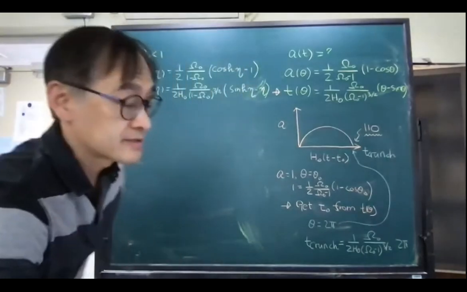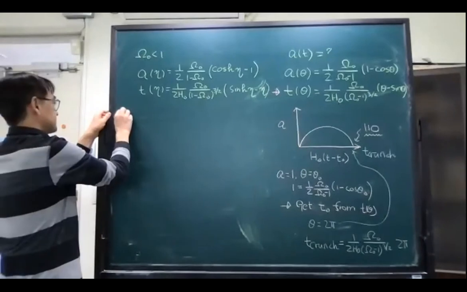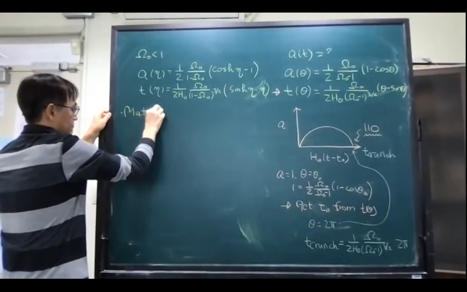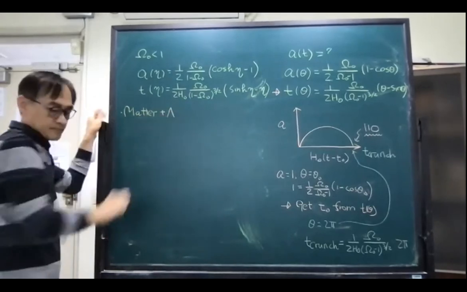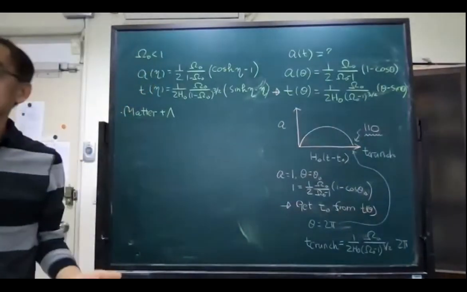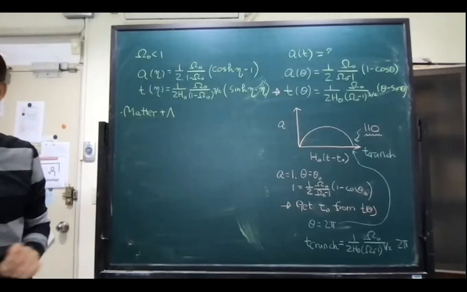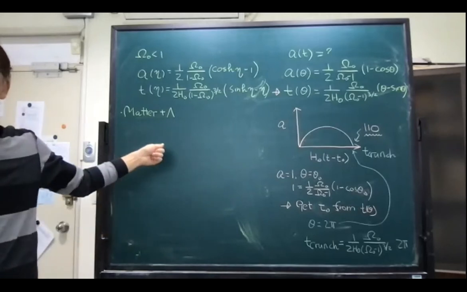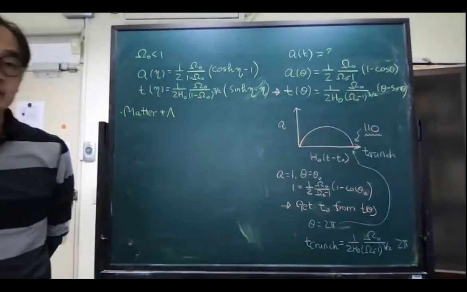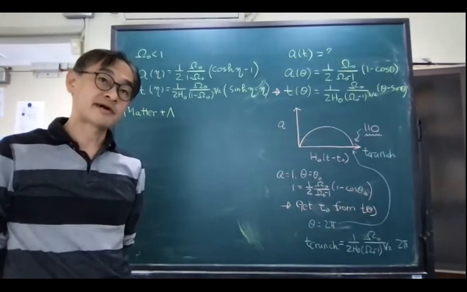Second topic is matter plus lambda. So now it's a flat universe, but we have matter and curvature. Notice that this model universe represents more or less our universe as of today, according to our observations.